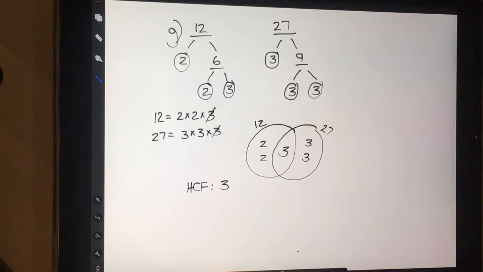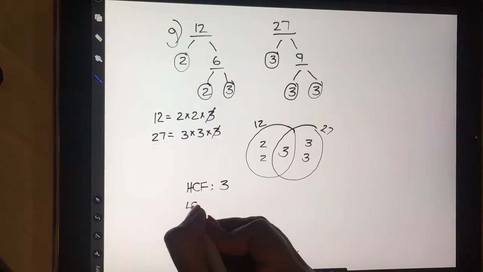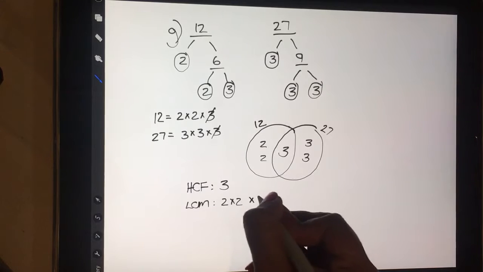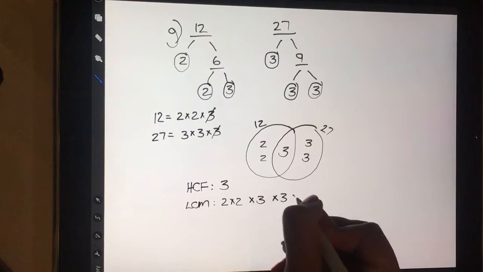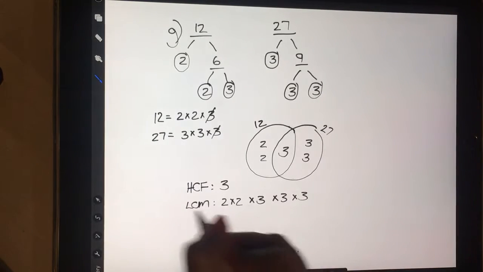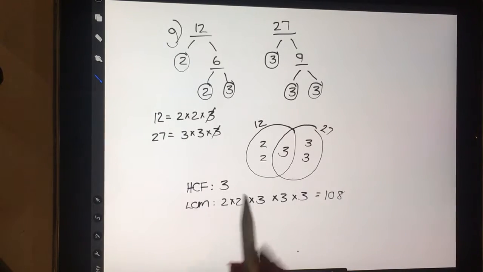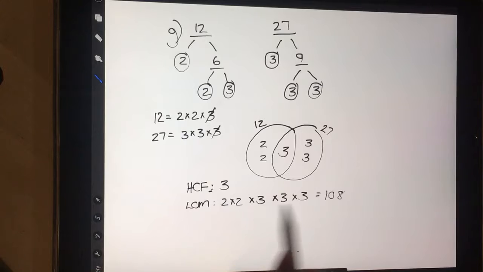So your highest common factor will be 3, and your lowest common multiple will be 2 times 2 times 3 times 3 times 3. And if you multiply that all together, you get 108. So your highest common factor is 3, your lowest common multiple is 108.